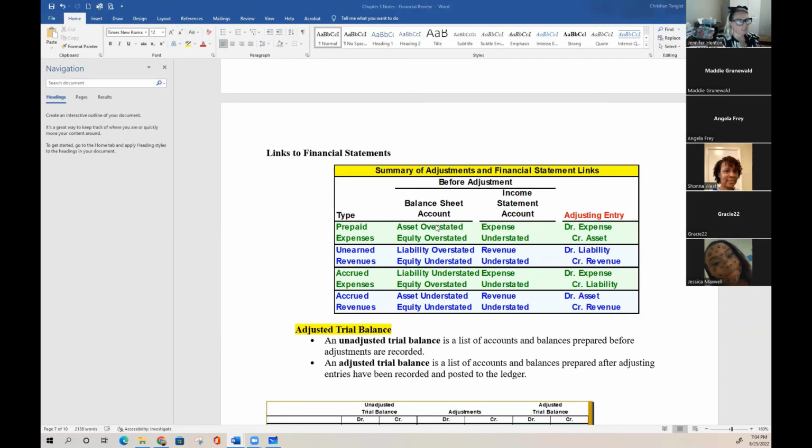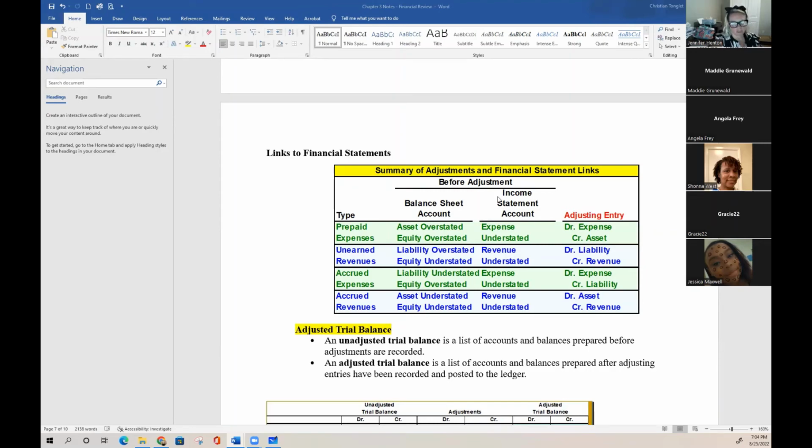And what happens to expense, because that's normally where it goes? If you don't do the expense, it can be understated, because there's no expense on there when we should have had one. So this hopefully will help explain that thought process when you're looking at it, if an adjustment's not made, or what happens through the adjustment process.